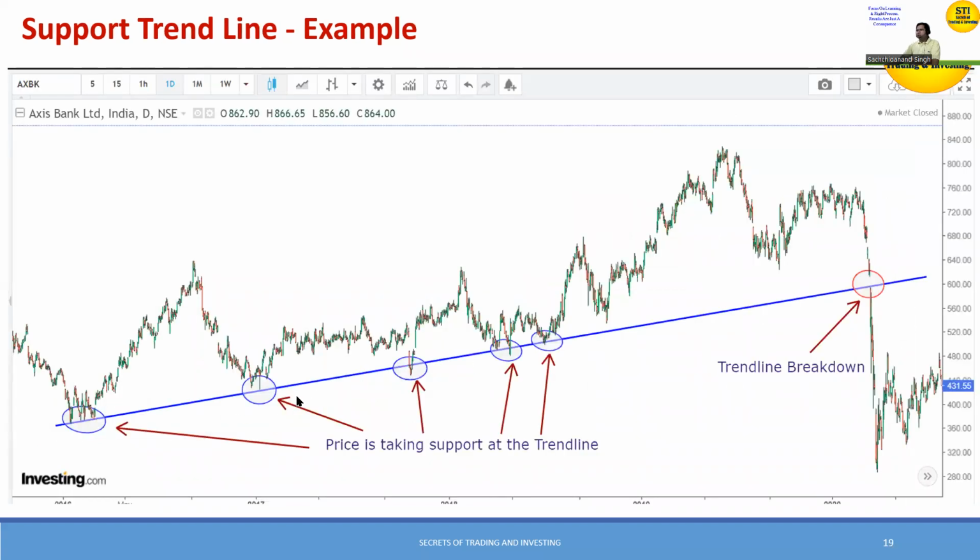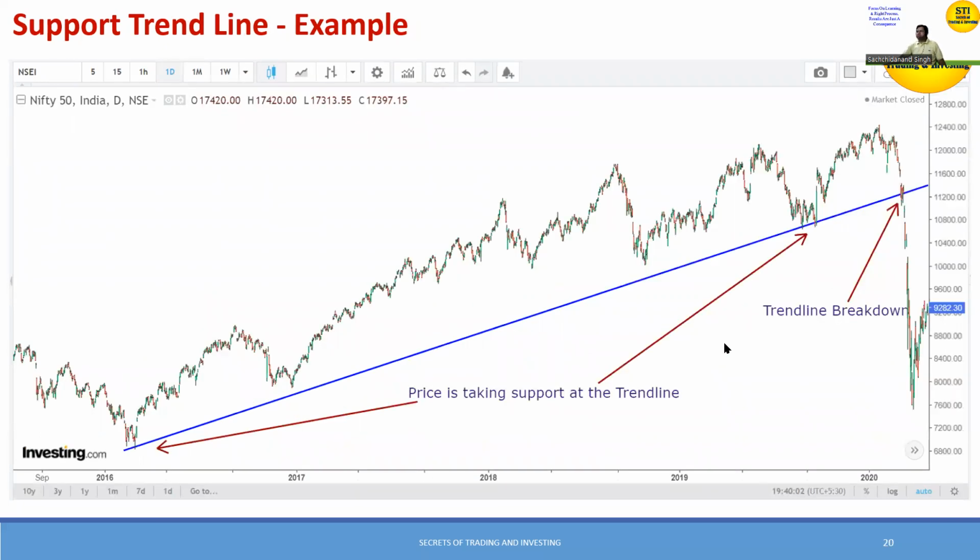Okay, a few more examples of support lines. And whenever the support line breaks, that is known as a trend line breakdown. Okay, so the support line is breaking in a downward direction, and that is why it is known as a trend line breakdown.